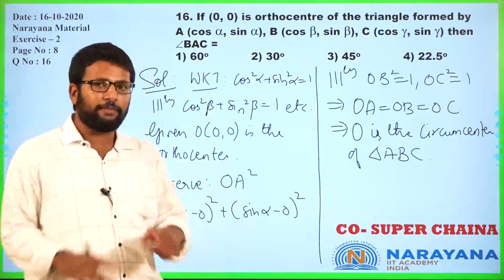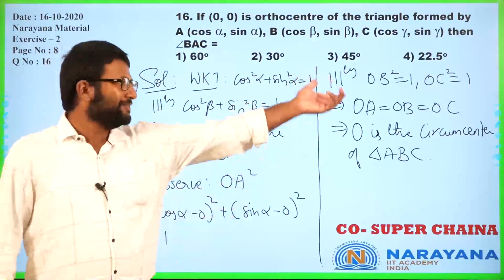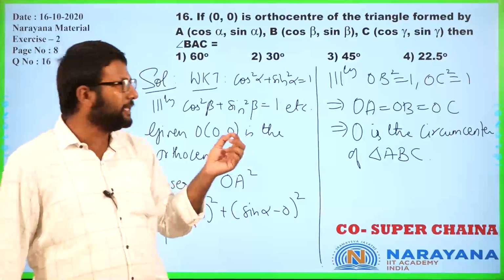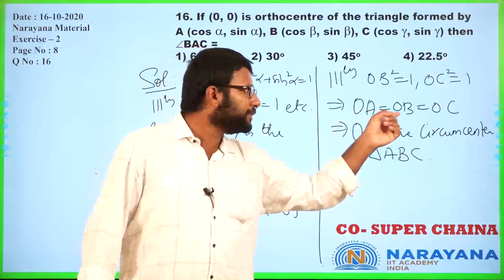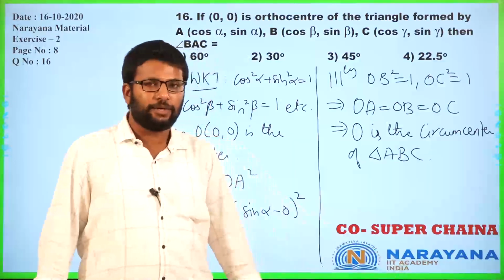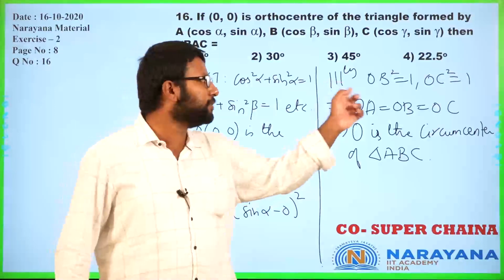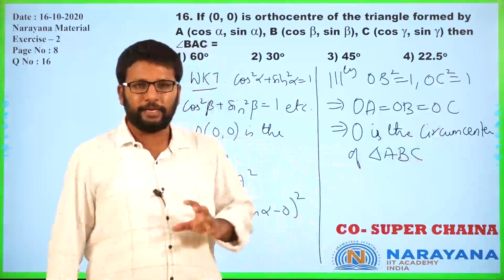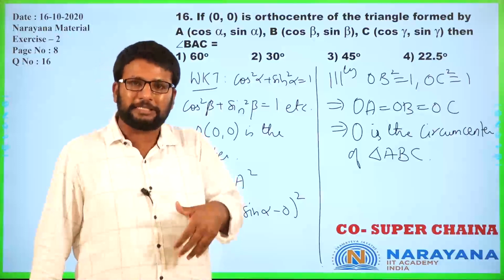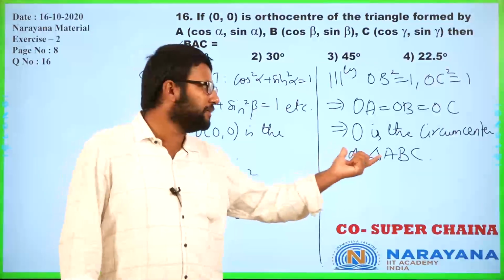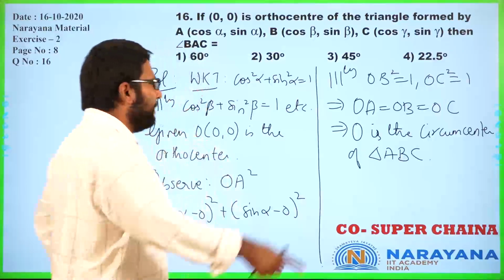Once again, if anybody is getting confused, just because these 3 are equal, how can we say this is the circumcenter? Think about it like this. There is a point at equal distance from the 3 vertices. So using that point as center, I can draw a circle that passes through A, B and C. That circle is the circumcircle, and the center is the circumcenter.